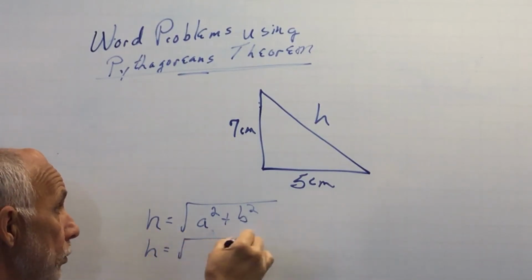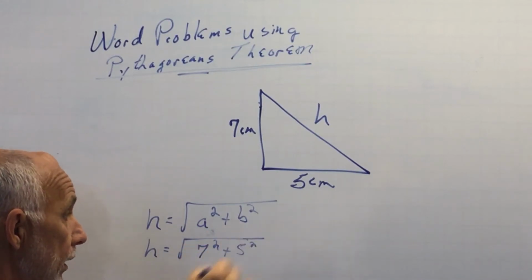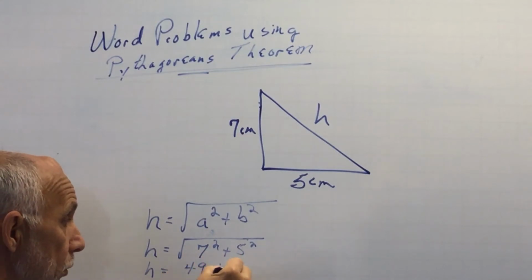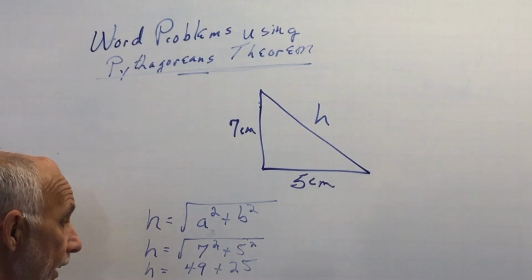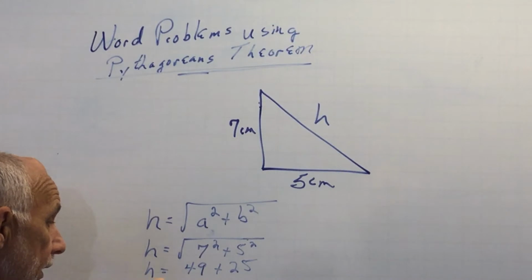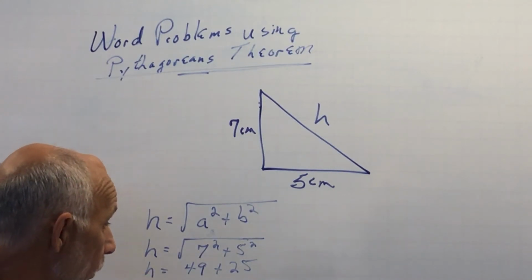All right, so this would be 7 squared plus 5 squared. By the way, 7 squared is 49, 5 squared is 25, and when I add 49 and 25, I get an answer of 74.